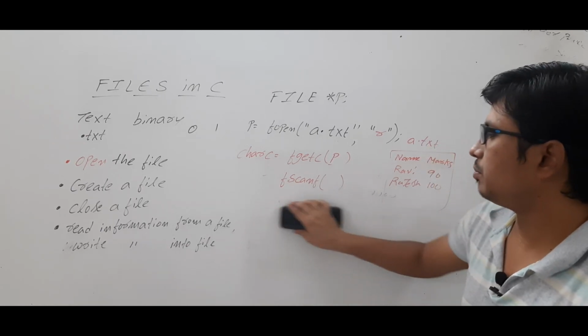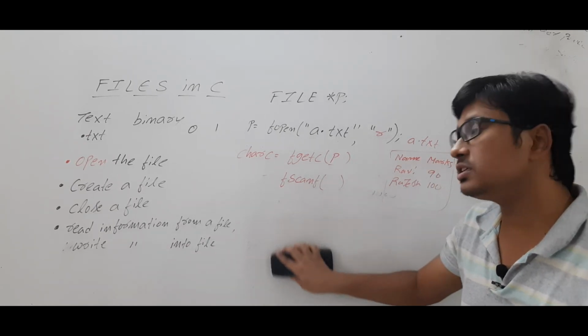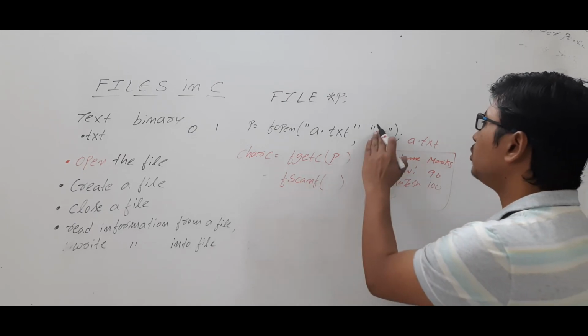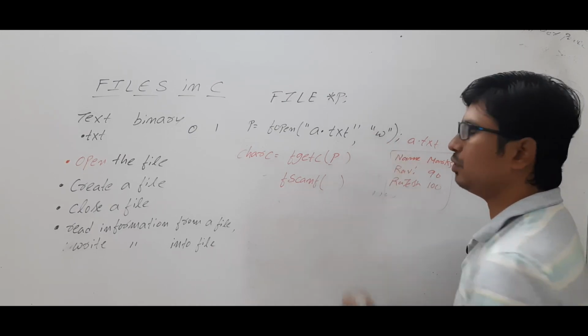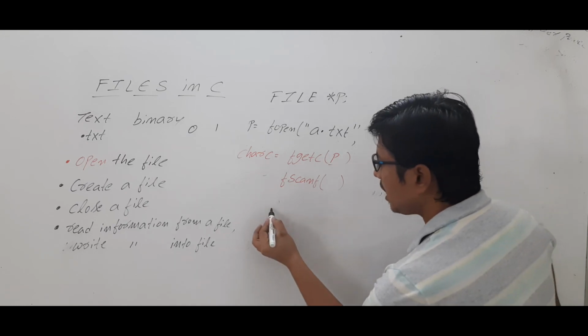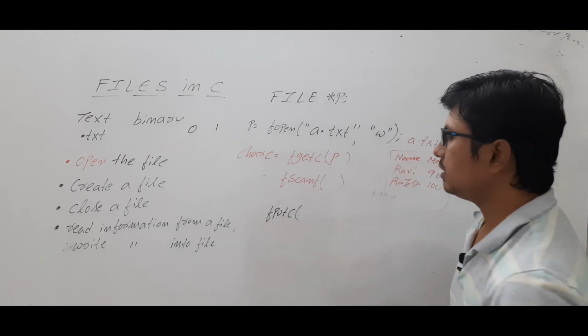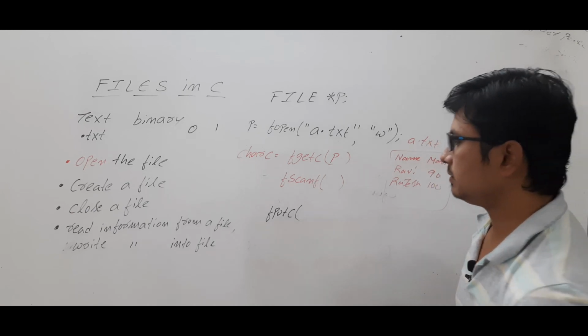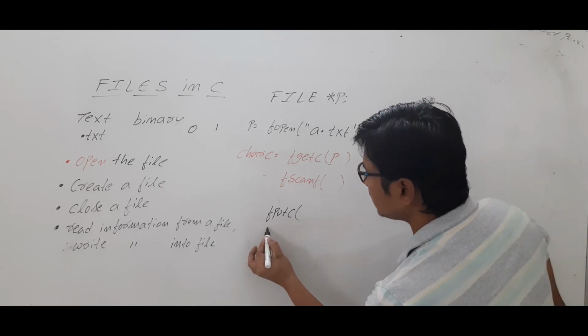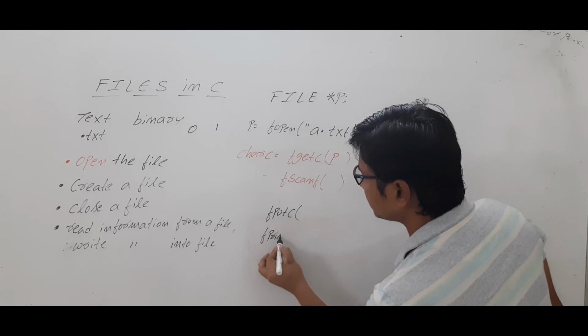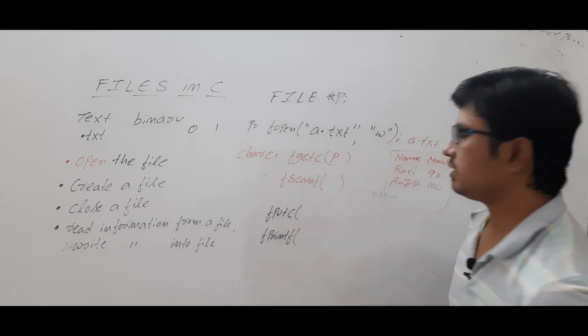Now let me discuss how to write information into the file. Then you have to open the file in write mode. Then we have two functions called fputc and fprintf. Is it clear?